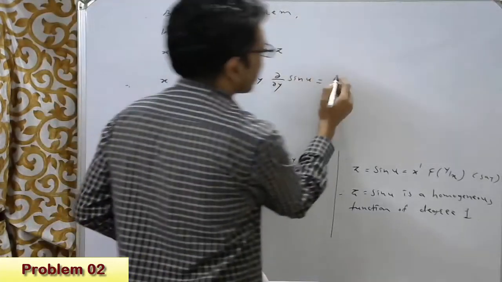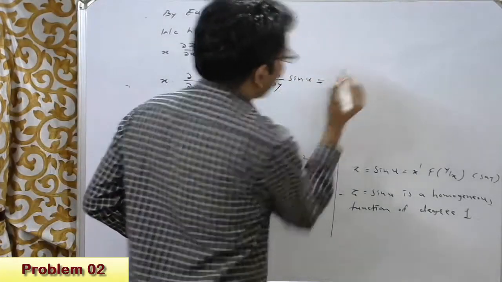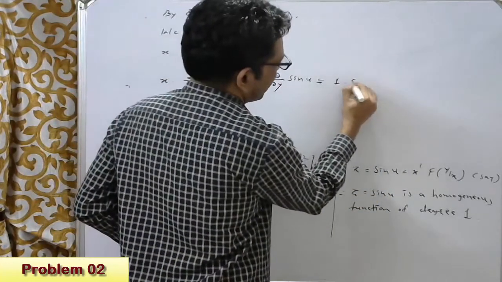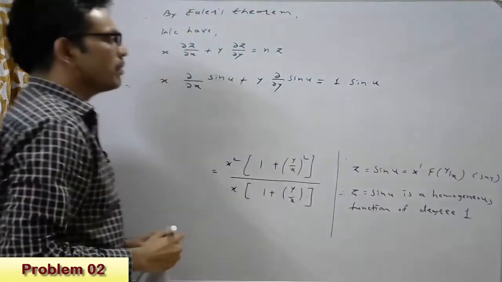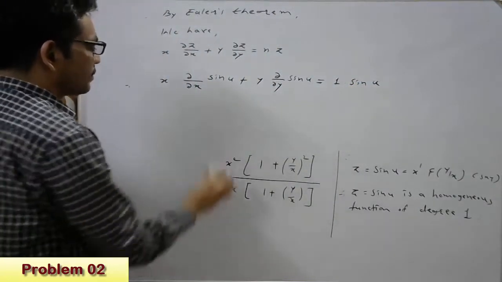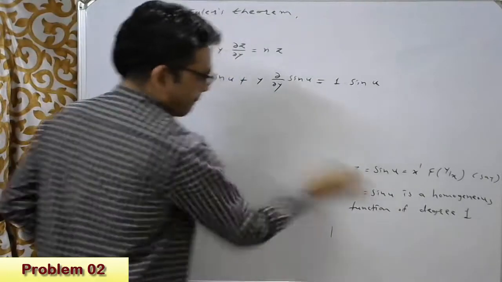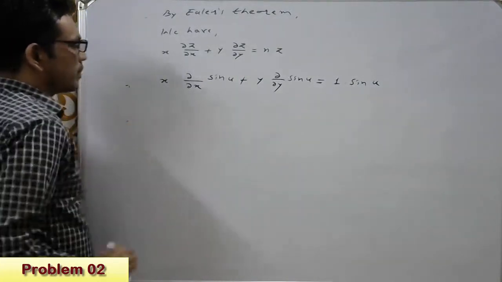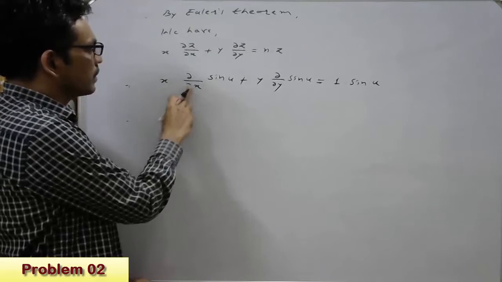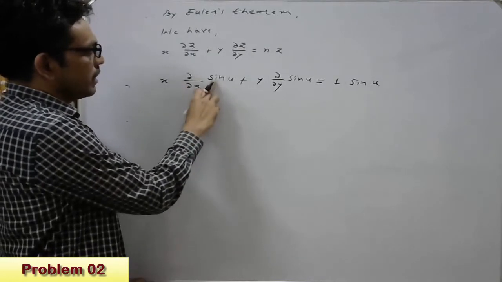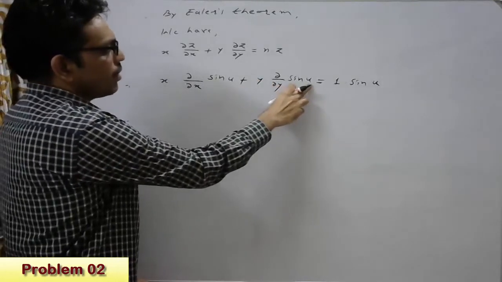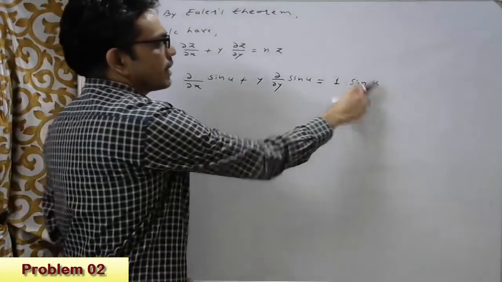So we take n equal to 1 and z equal to sine of u. Therefore, x into del by del x of sine u plus y into del upon del y of sine u is equal to 1 into sine u.